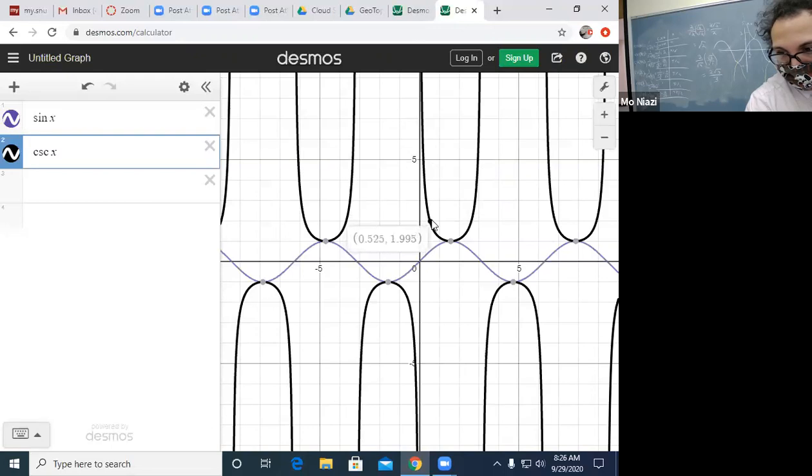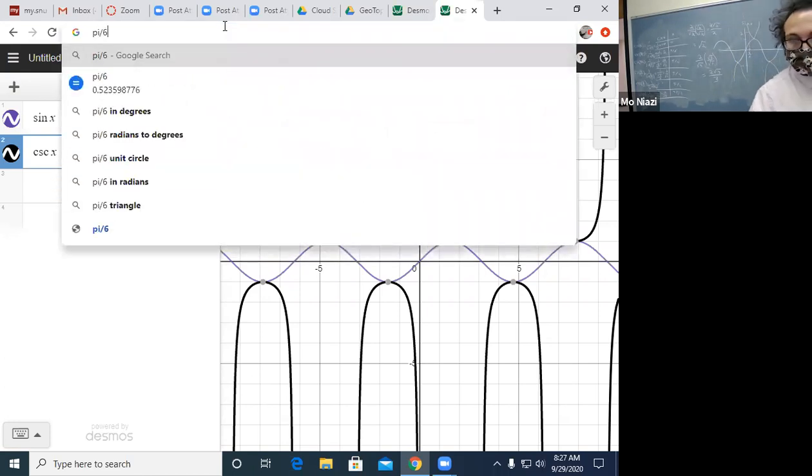It doesn't say it, but look, if we get really close to 2, it says like 0.52. Notice that that is approximately pi over 6. If you have your calculator, feel free to check. But 0.52 is approximately pi over 6. See, look, 0.52. Yeah, that's why that's happening. Isn't that cool? Isn't math cool?